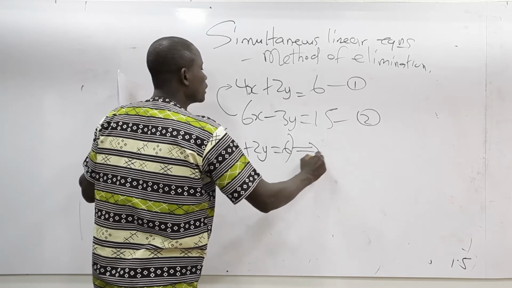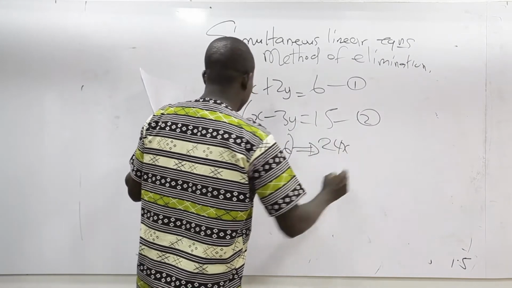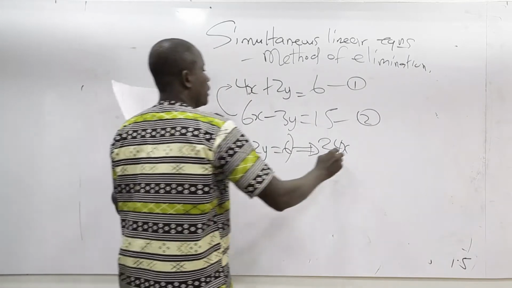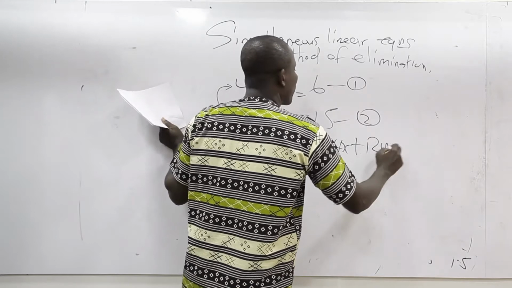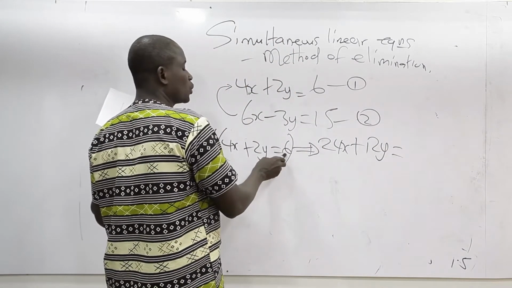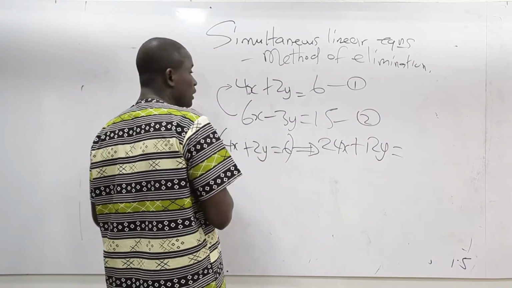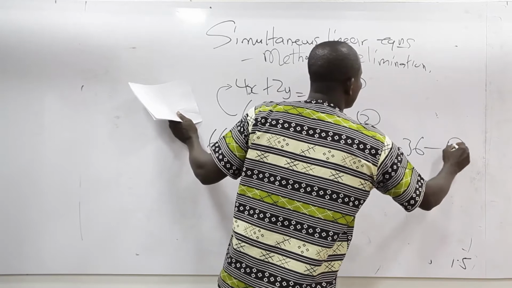So this one gives 24x plus 12y. Remember that the 6 here is also affected. Don't multiply this and leave this one. That will be 36. And this will give us equation 3.